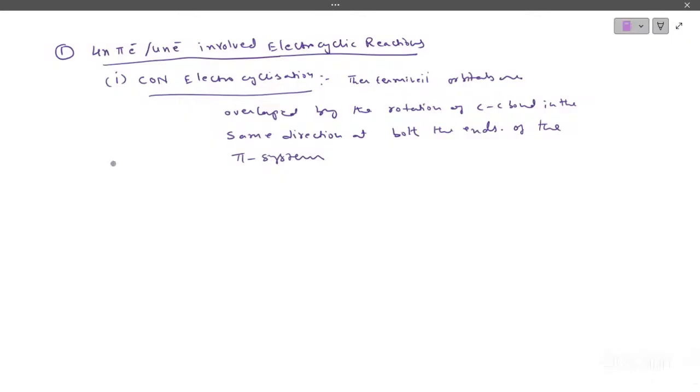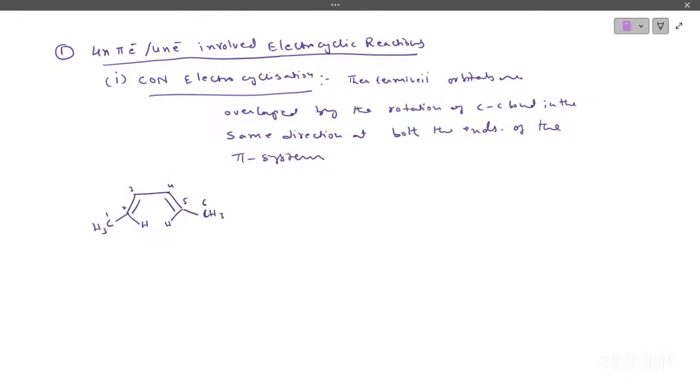Take this example, the same 1,3-butadiene derivative. But for our understanding, I am substituting it with methyl groups at both the ends. If you see this, its name, give the numbers 1, 2, 3, 4, 5, 6.